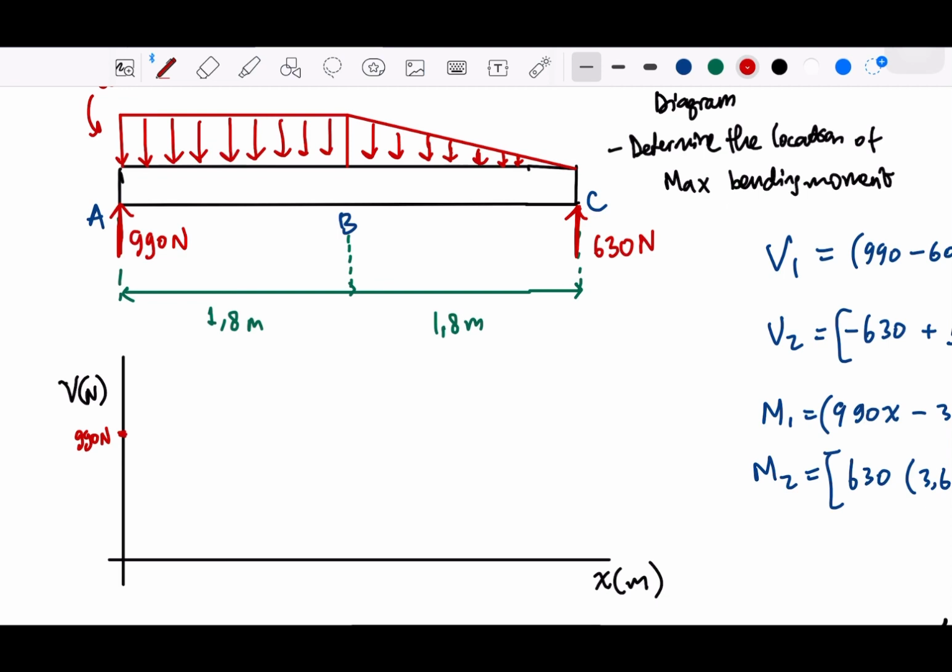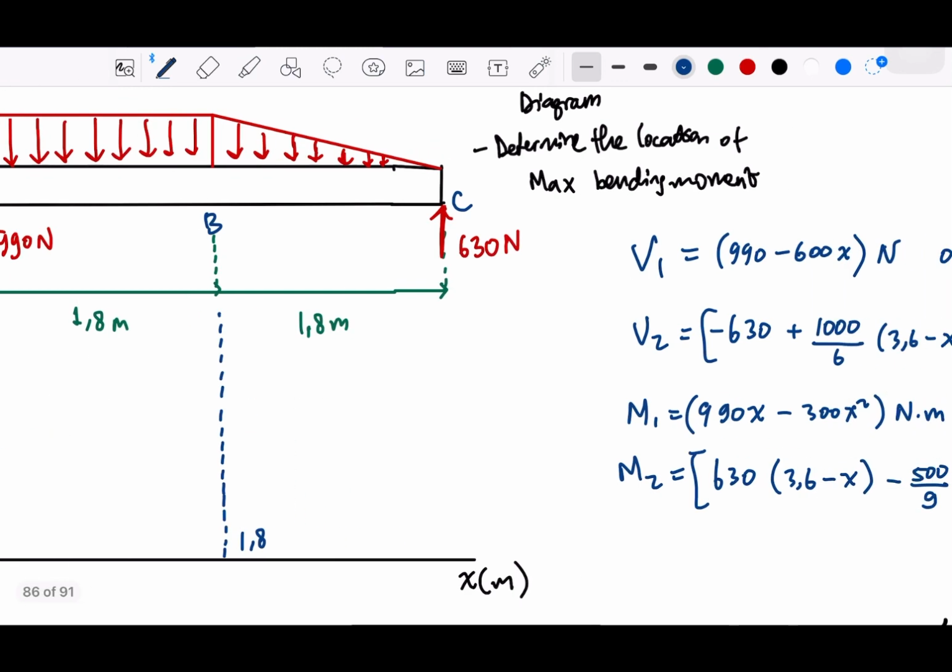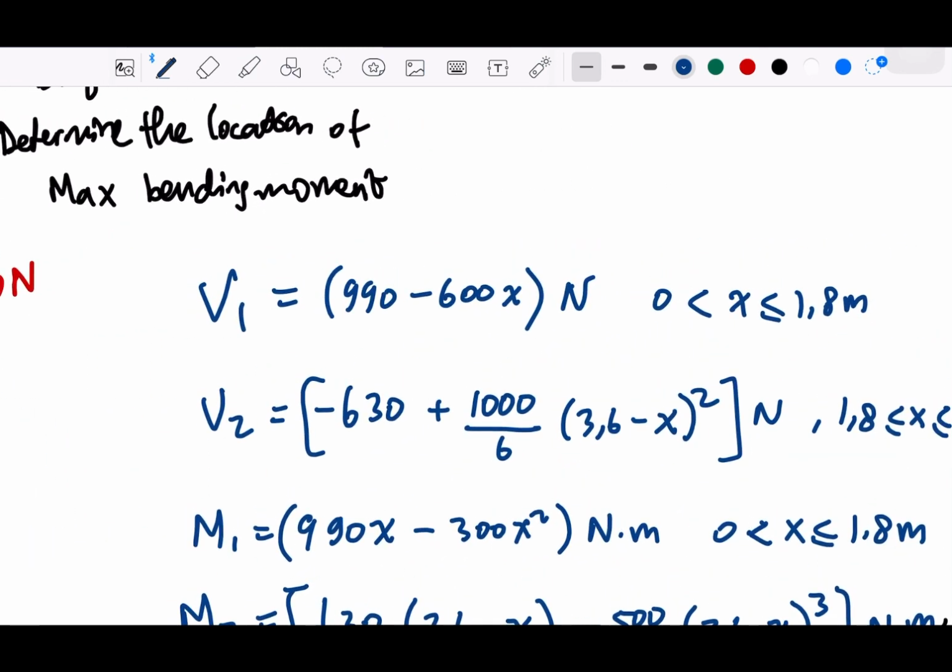And then suppose that this is going to be 1.8, but we need to check whether V1 gets to 0 at 1.8. So let's take V1 equals 0.